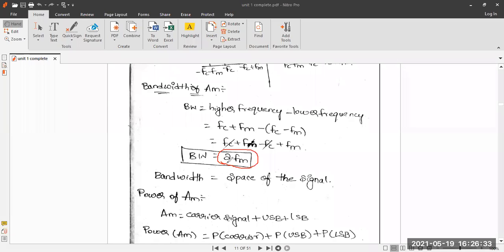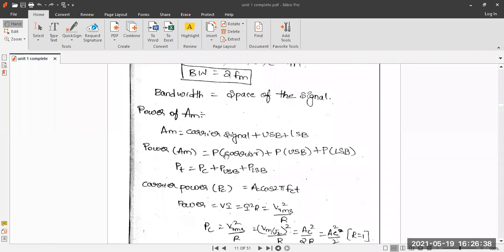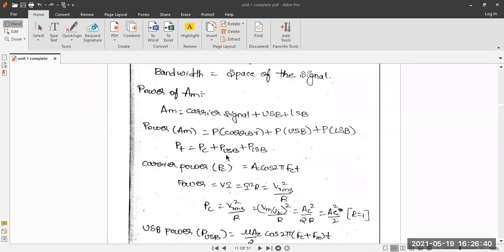Okay, very very important. So bandwidth of AM is nothing but 2fm. These are the formulas. Okay, next we have to calculate the power of AM. Okay, what is the power of AM? So generally AM signal consists of a carrier signal plus upper sideband signal plus lower sideband signal. So already in previous topic we studied about the single tone AM equation. So single tone AM equation consists of 3 terms.